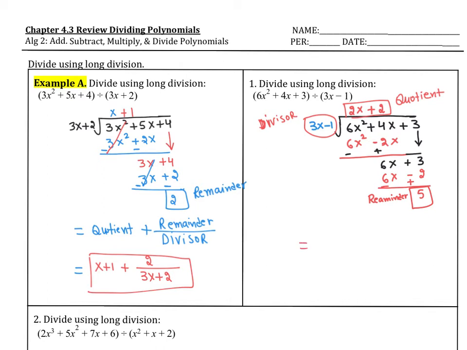Now you're going to write it into the algorithm. That's going to be the quotient, 2x plus 2, plus the remainder, 5, divided by the divisor, 3x minus 1. So when you divide 6x squared plus 4x plus 3 by 3x minus 1, you're going to get this expression as your answer.